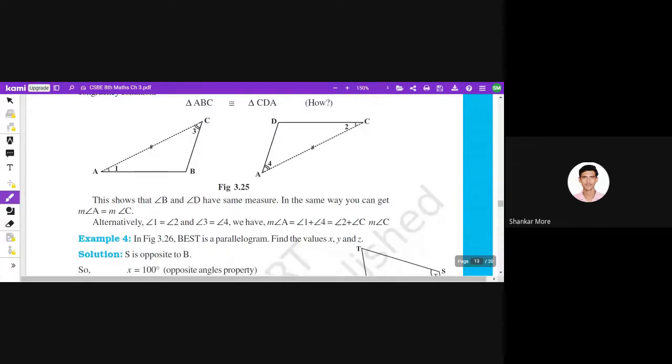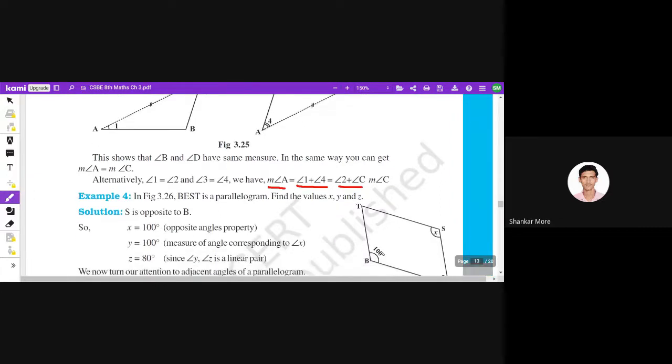So when you add angle 1 और 4 तो एंगल A बनेगा, and angle 2 and 3 को अगर ऐड करोगे तो यहाँ पे C नहीं है, यहाँ पे प्रिंट मिस्टेक है, so that is going to be equal to angle C. Okay, angle 2 and 3 will form angle C, angle 1 and 4 will form angle A. So this is how we can prove that opposite angles are equal.